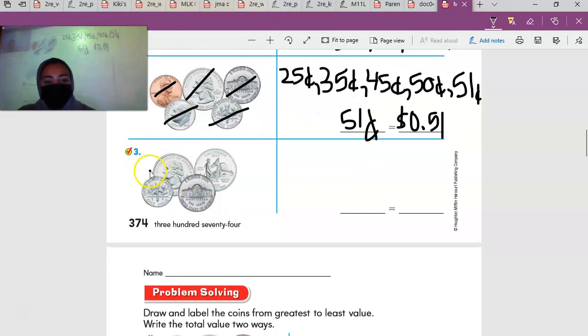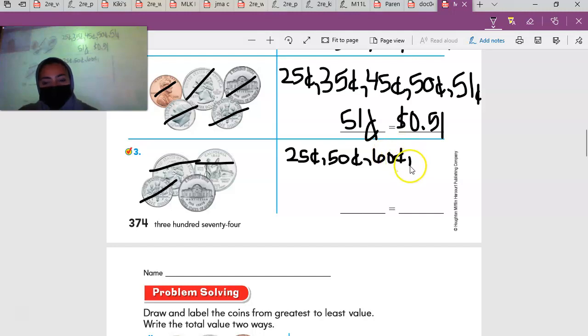Let's look at number 3. We have how many quarters? 2 quarters, and we know that 2 quarters makes how much? 50 cents. So I'm going to write 25 cents, comma, 50 cents, comma. The next one is a dime, and that's worth 10 cents. What's 50 plus 10? 60 cents.